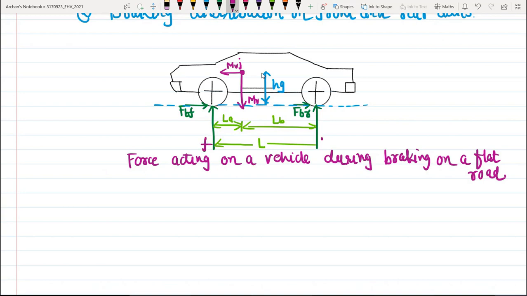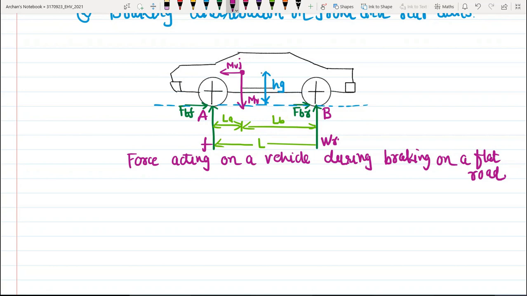Okay, so this is FWR. Let us say this is my axle A and axle B. So now this figure shows the forces acting on a vehicle during the braking on a flat road, right?